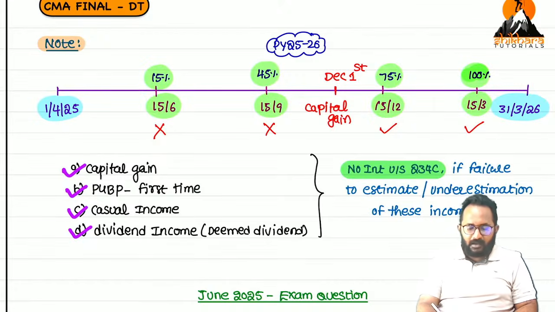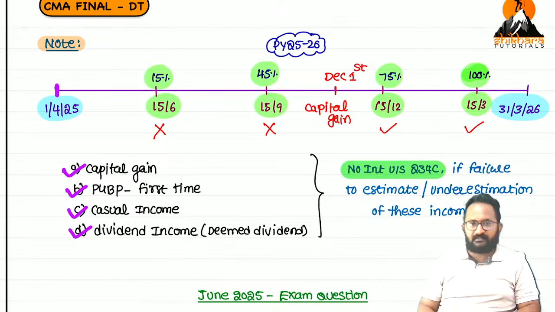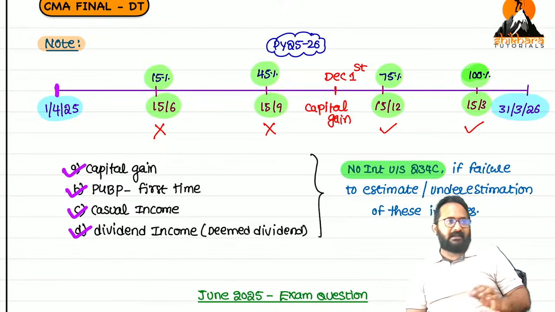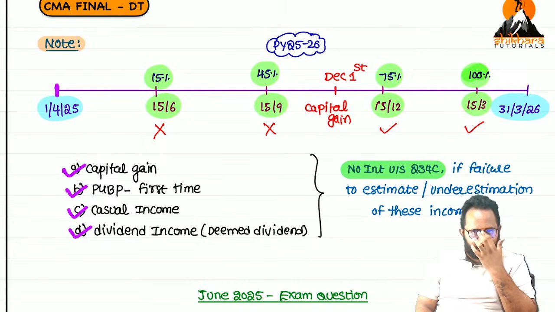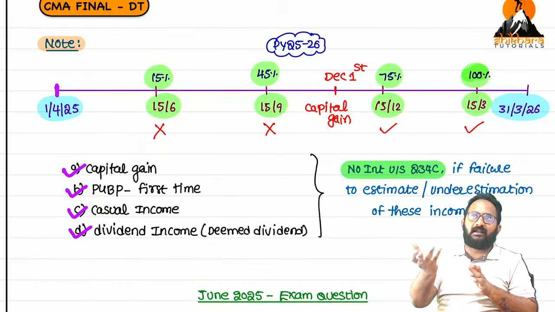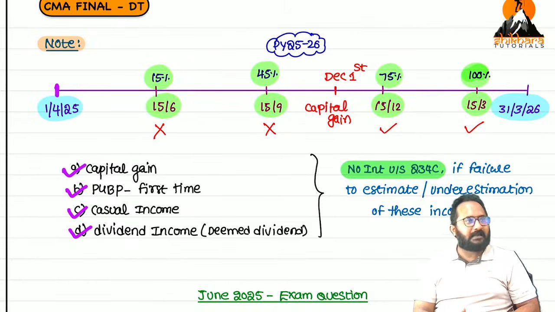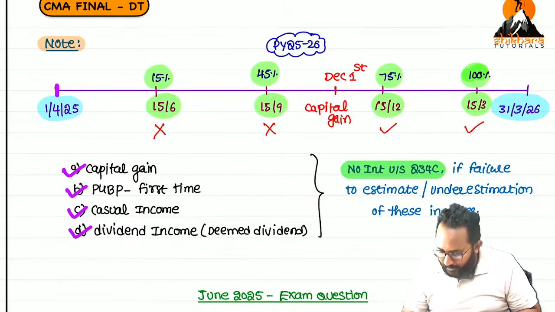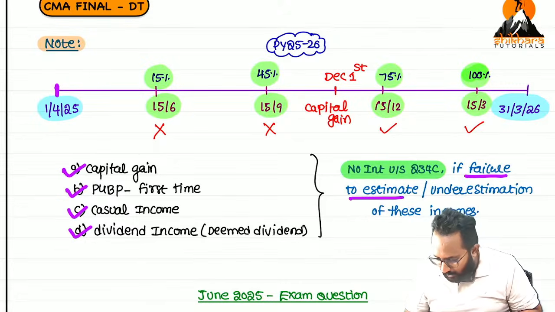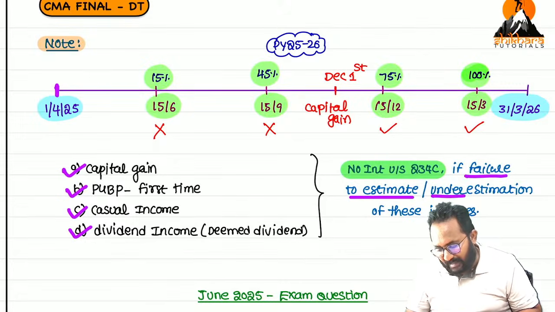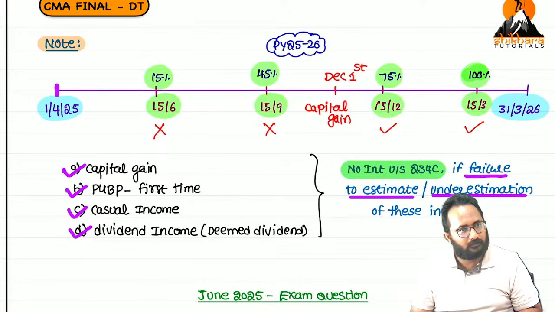Then how can I estimate on the first day of the previous year? The remaining incomes you can estimate, but these four you can't. Even if estimated, only underestimation you can do.